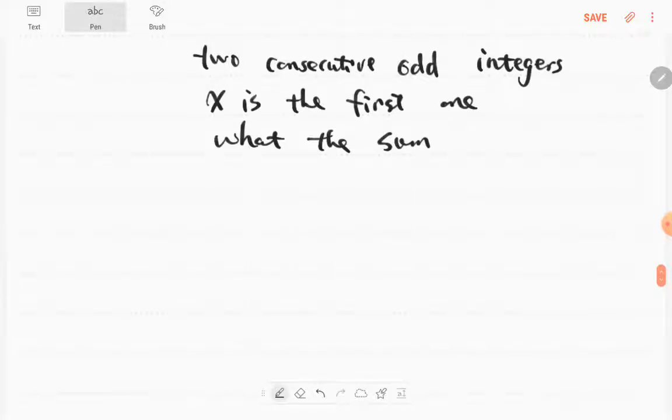So we still need to do the addition first of all because we want to find the sum, right? And x is the first one. And the second one will be the consecutive odd number.